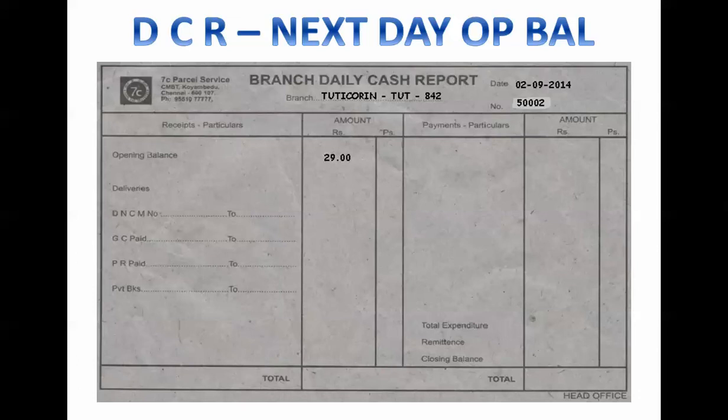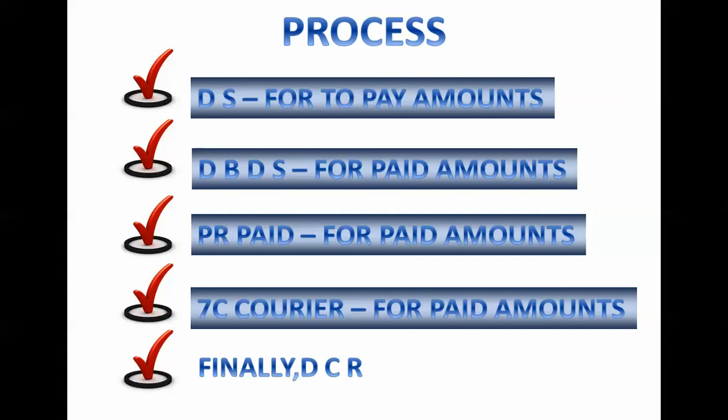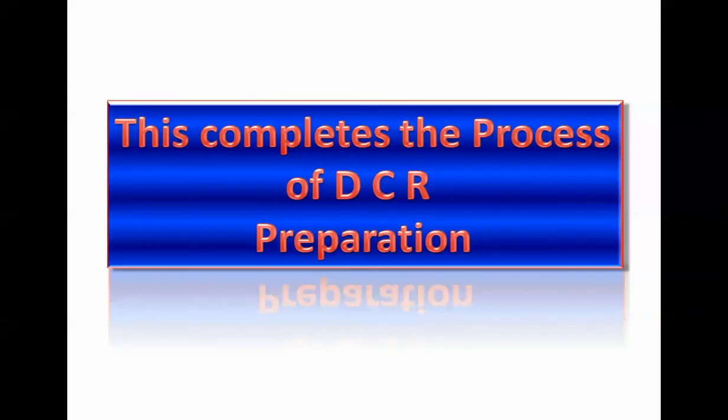This is the simple process of preparing the DCR. This is very simple, and as I told you earlier, it is very important for every station to prepare a DCR on a daily basis so as to account for all the expenses and the income as per the policies that have been declared. This completes the process of DCR preparation.